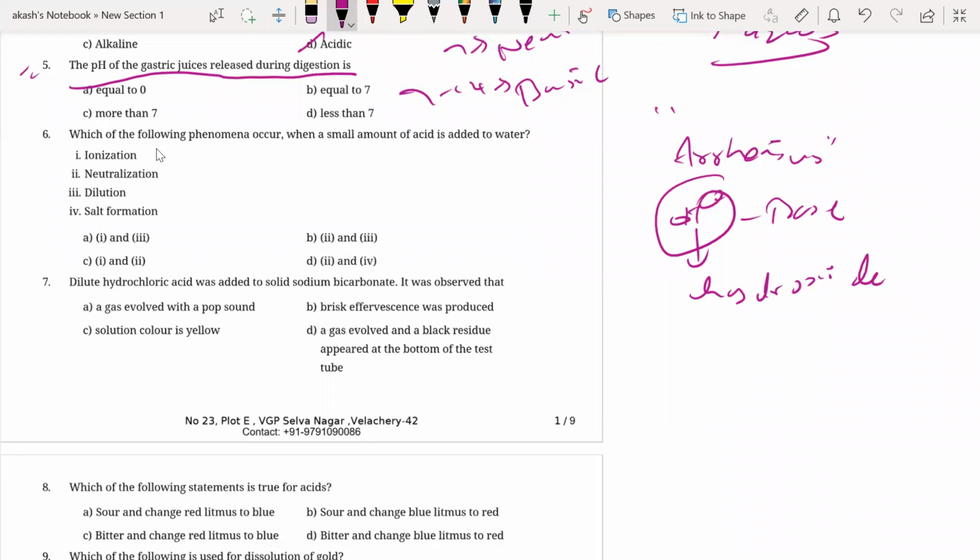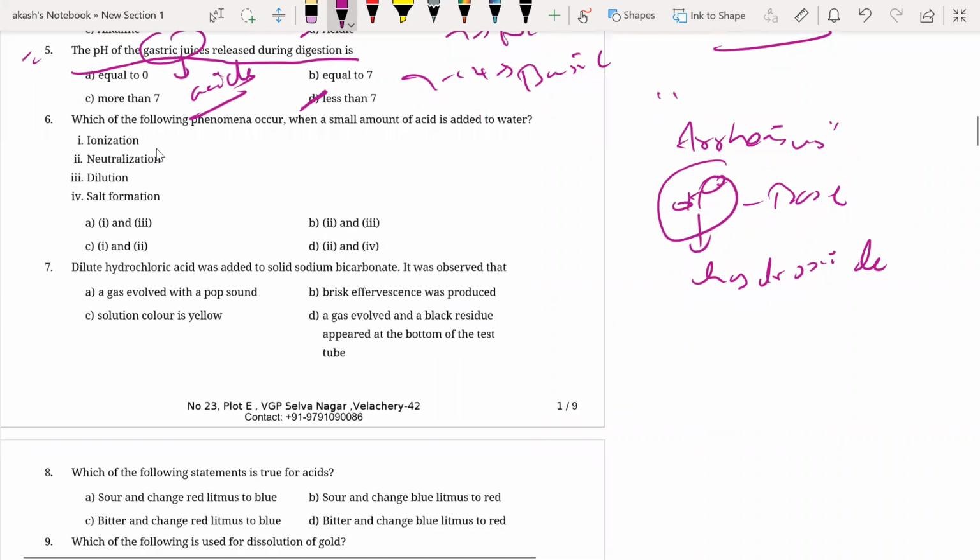The gastric juices they are talking about are nothing but acids. So definitely we know for acids the pH should be less than 7. So the correct answer to the question is less than 7, option D.